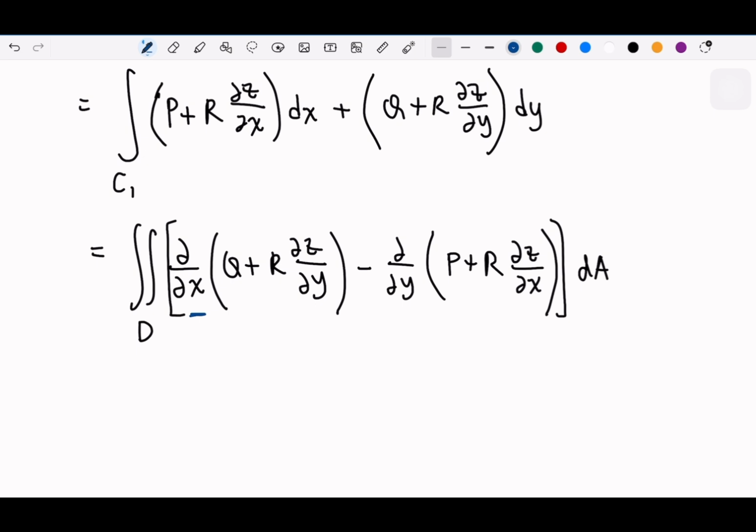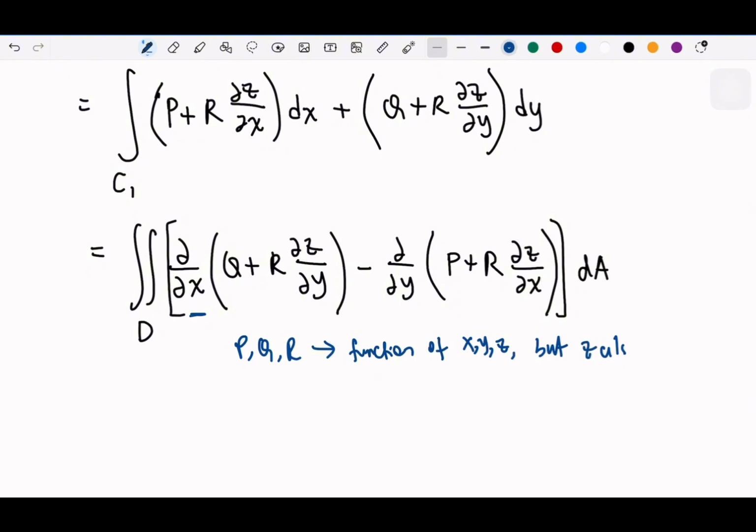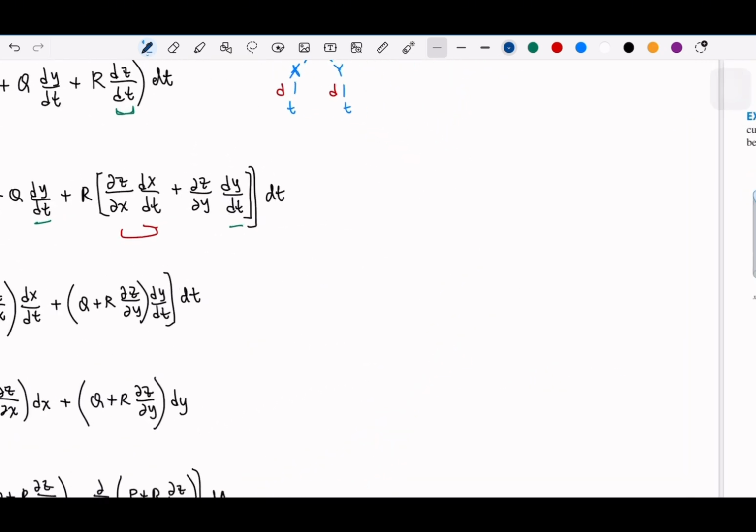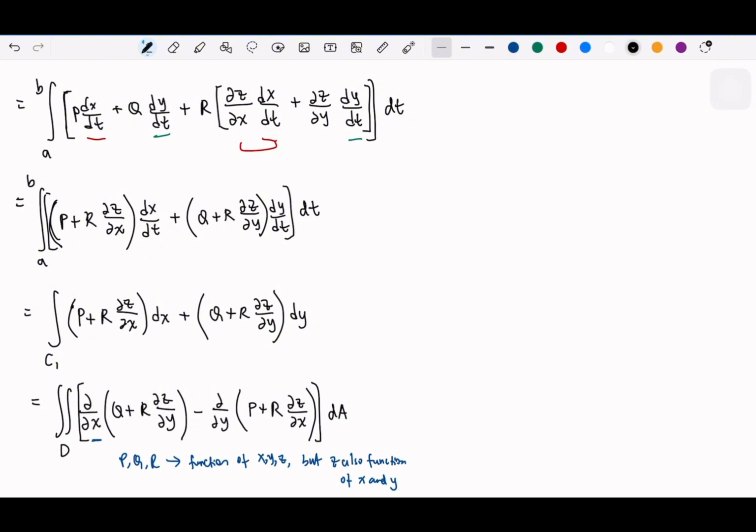Again, we are going to take the chain rule, and remember that P, Q, R is a function of x, y, z, but z is also a function of x and y. So let me write it here, and it's quite long. Hopefully I can write the whole thing in one page.